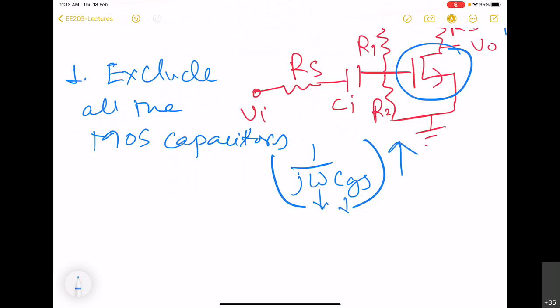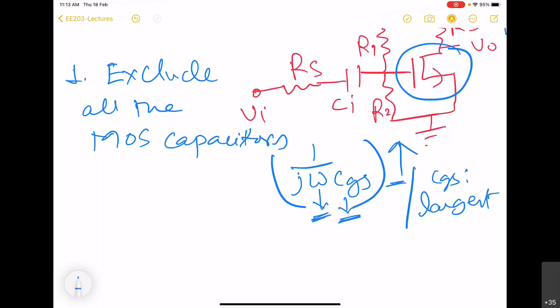The CGS and all other capacitors are already very small. And I have mentioned CGS because CGS is the largest out of all the internal 4 capacitors that we talked about.